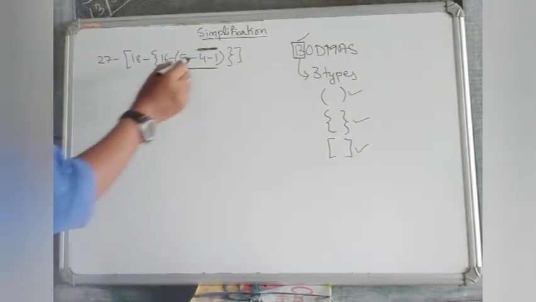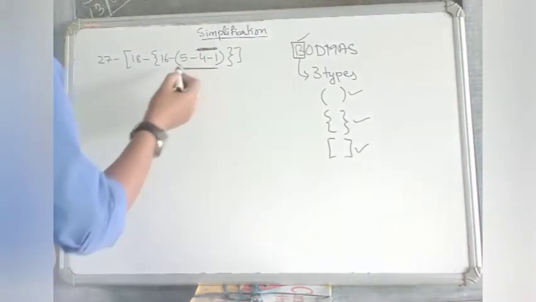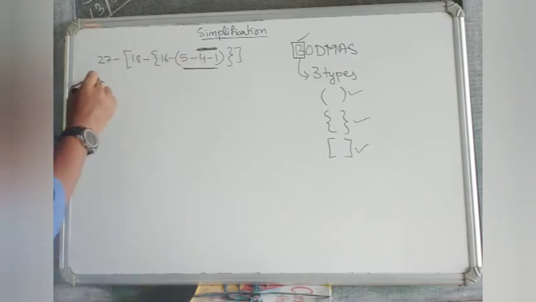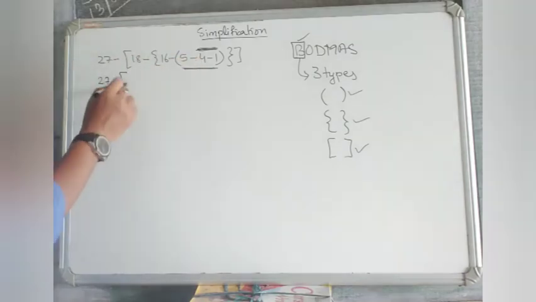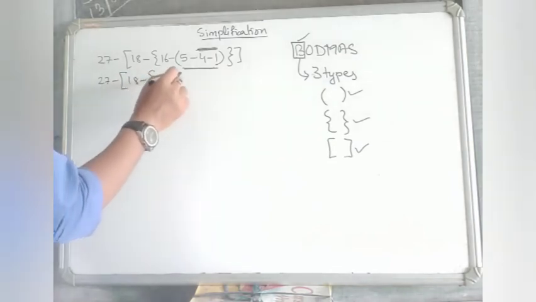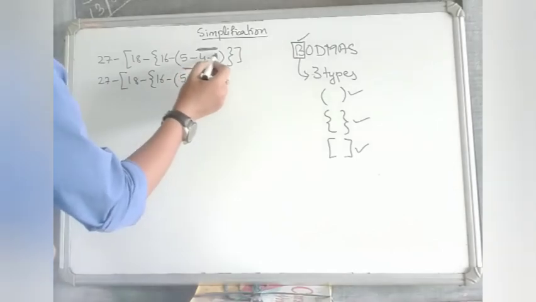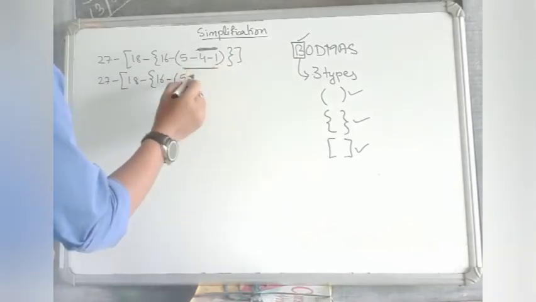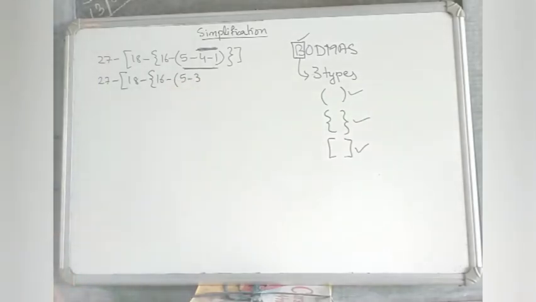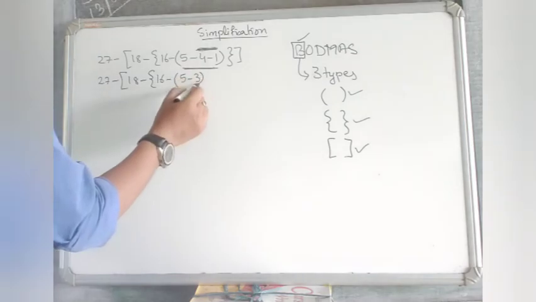So first we have to go for this bar, then we can continue with the brackets. So this you have to remember. So 27, other things will remain same for now. 16 minus 5, then 4 minus 1 will give me 3.